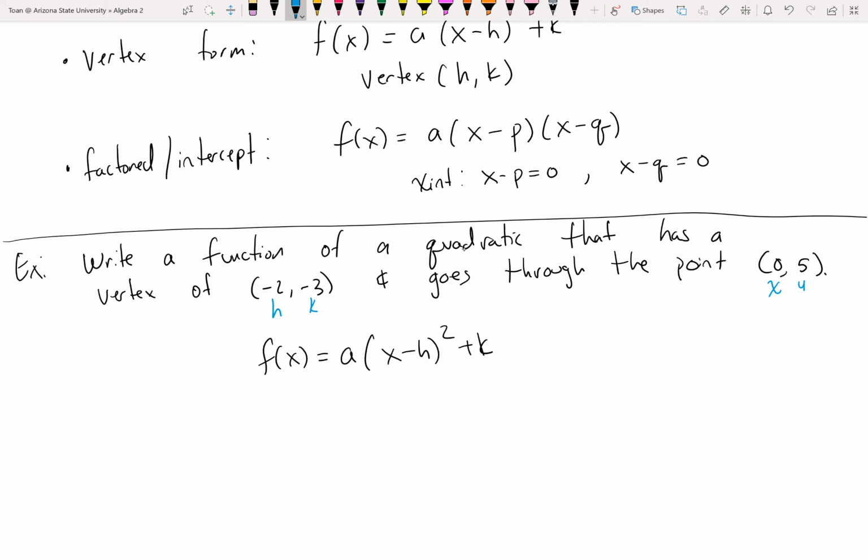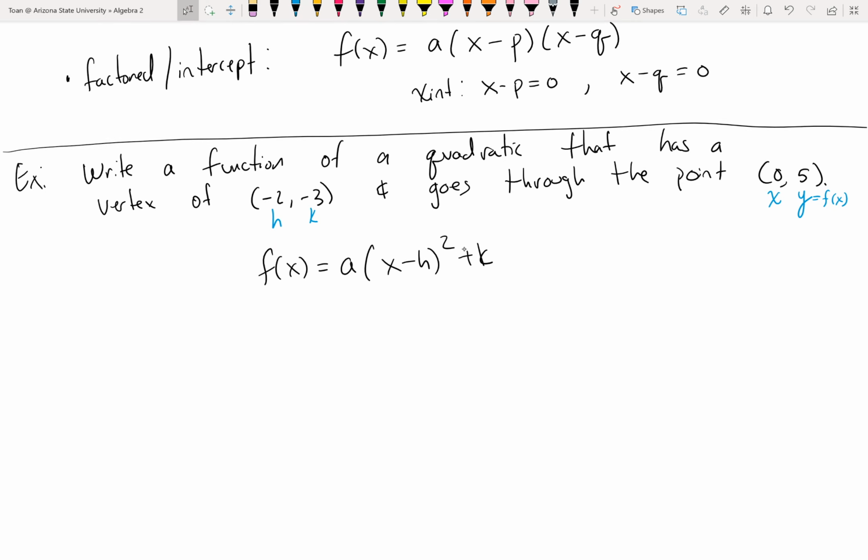I hope everyone understands that every single point is just a regular x and a y. Oh, by the way, y is the same thing as f of x. So there you go. That's all you got to do. Just plug in the information you're given. So I'm going to use this format, but I'm going to change the variables I'm given into numbers. So f of x, we said that was 5, equals, look at the two pieces of information. Did they give you an a value? The answer is no, so you just keep it as a variable.